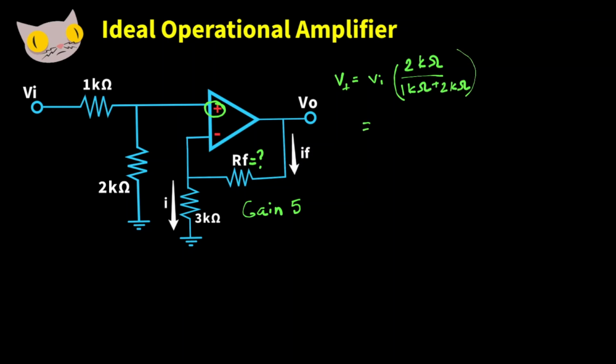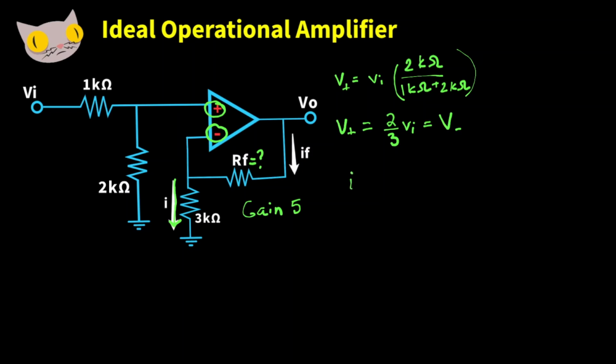And this is simply going to give us 2/3 times VI. Now, like I said before, the voltage is the same at both of these terminals on the op-amp. Now let's find this current running through this 3k ohm resistor.